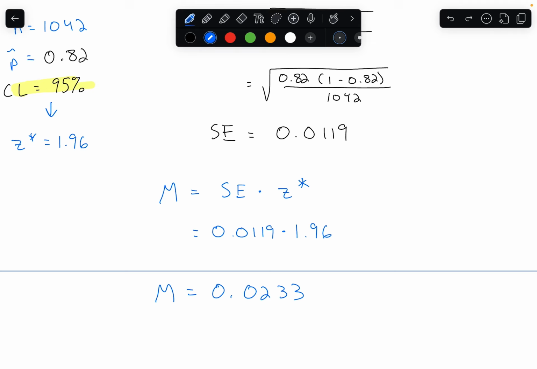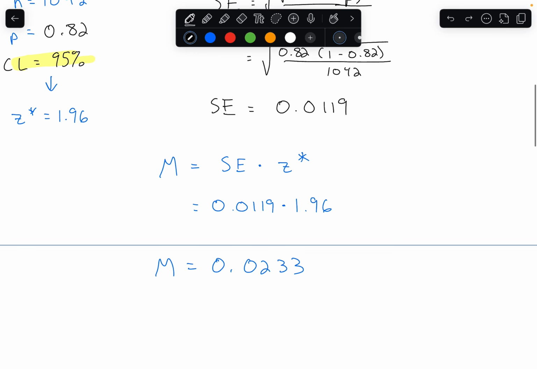The last thing that I need to do at this point is to actually build my confidence interval. So for my confidence interval, I want to take p hat plus or minus my margin of error. p hat is my point estimate. Remember that this is a piece of information about my sample.